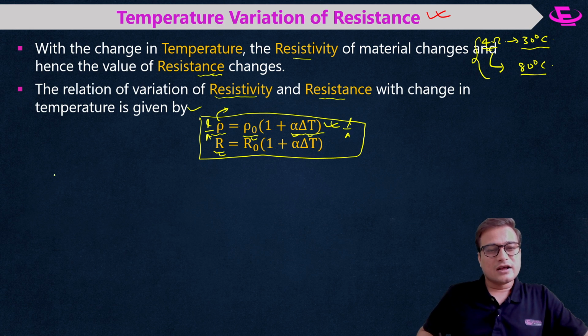Now let us write all the things. Delta T is equal to T2 minus T1, that is the change in temperature. What is T2 and what is T1?